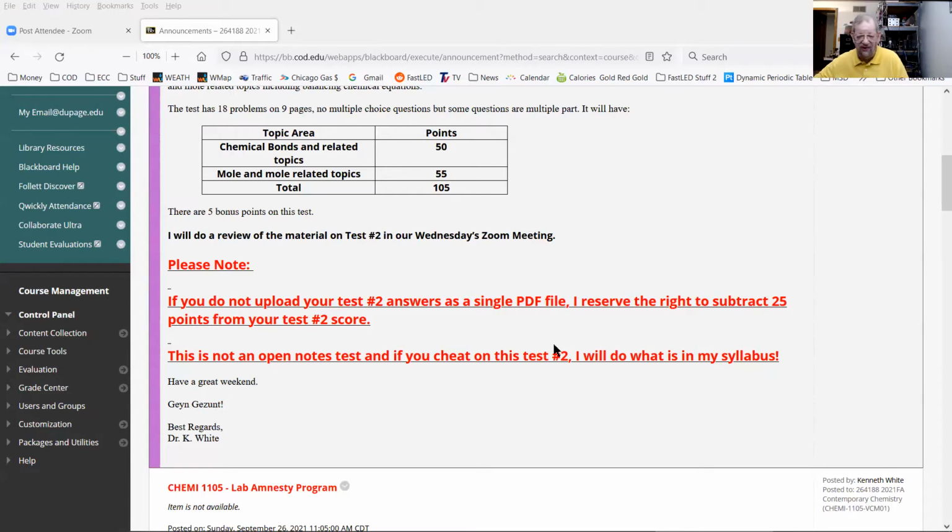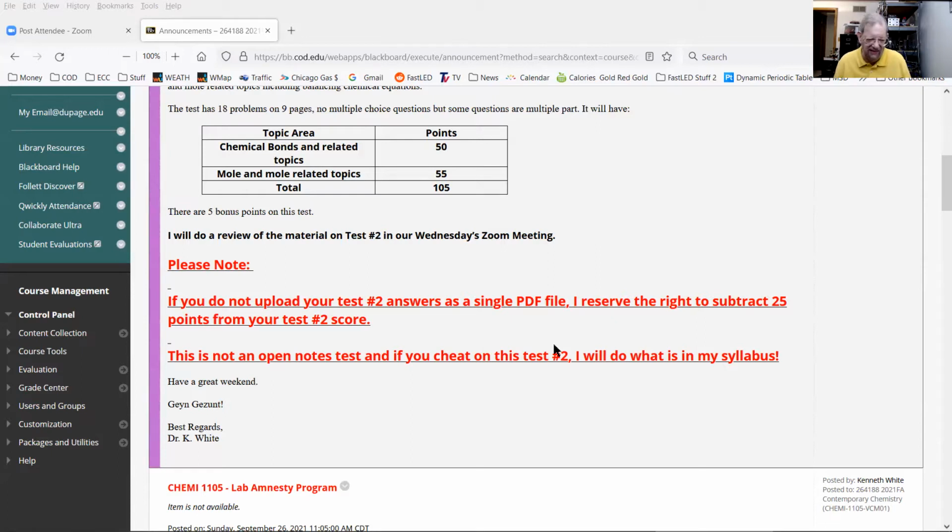I don't want to do it, but I don't have the time to play around with somebody who sends me 8 JPEG files, or I have to figure out how to open this file. Make sure before you upload your PDF file that, 1, you can open it, and 2, it has all the pages of your answers. Every question is answered. Make sure you check that.